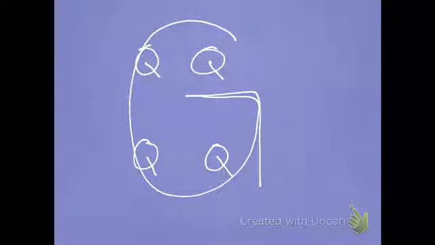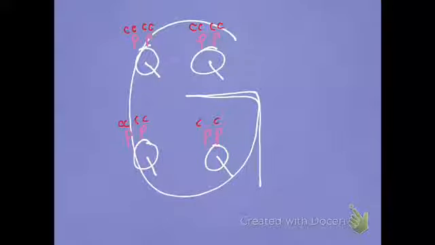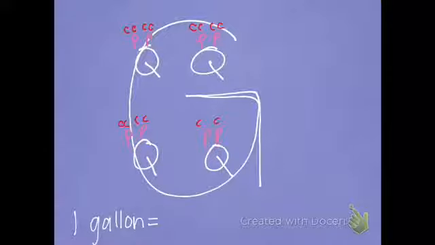Each one of those 4 queens had a prince and a princess. So each quart has 2 pints. Then each of the princes and princesses had 2 children, which stands for each pint has 2 cups. So what we know from the land of G is that 1 gallon has 4 quarts.